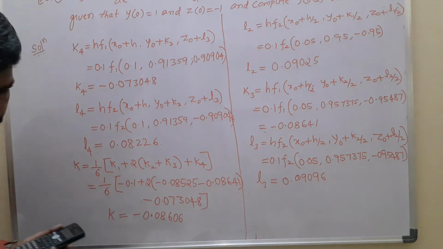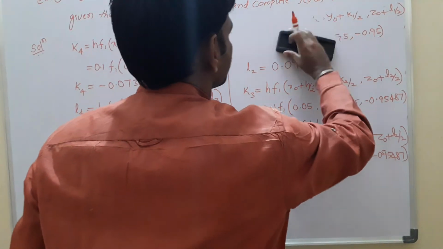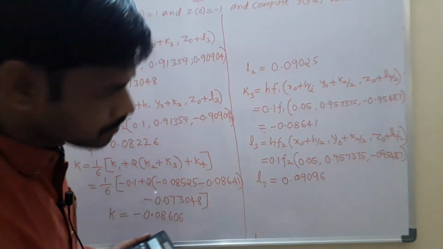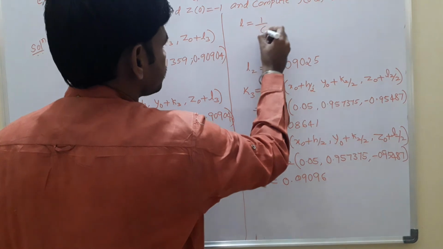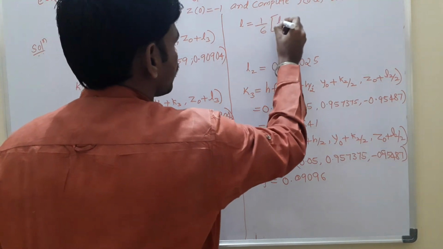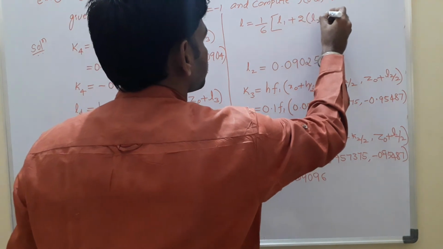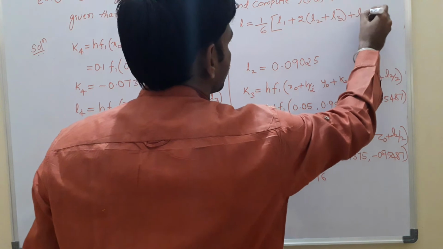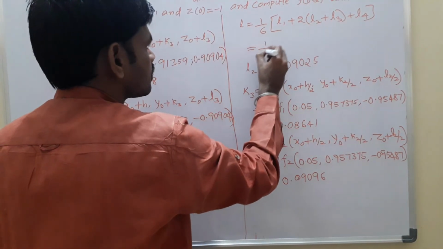So that is k. And next L equal to 1 by 6 of (L1 plus 2 into L2 plus L3 plus L4), that is equal to 1 by 6.